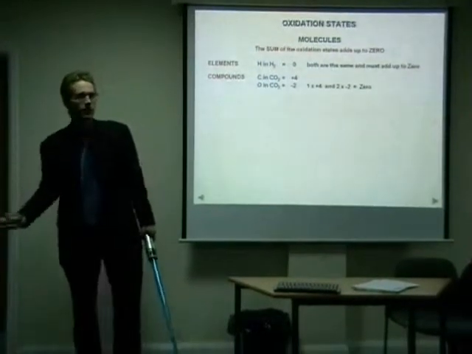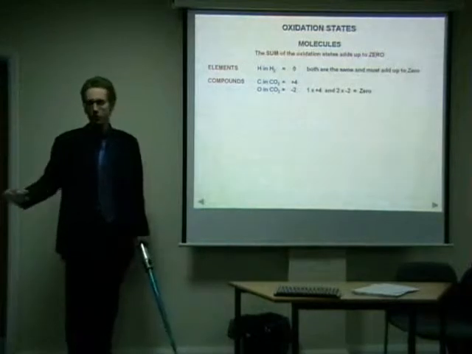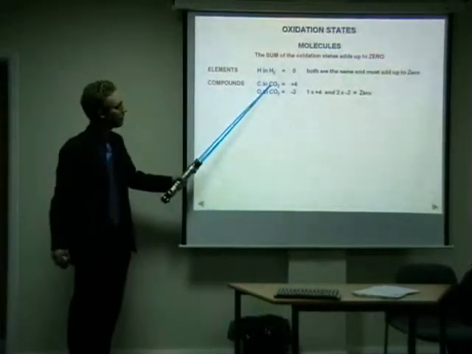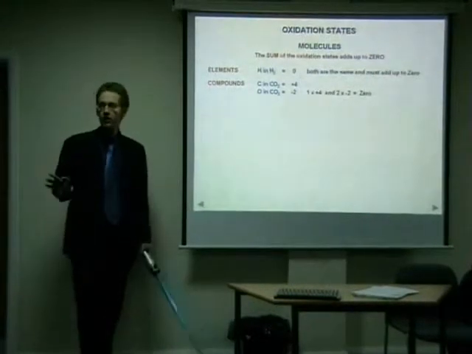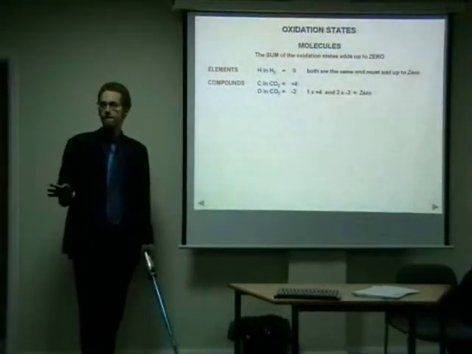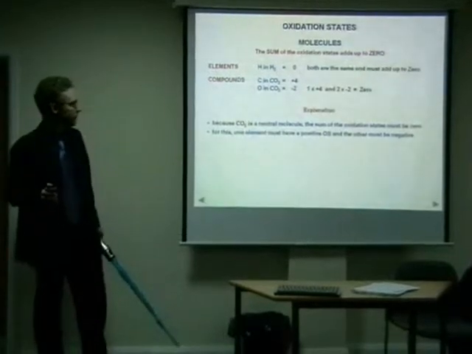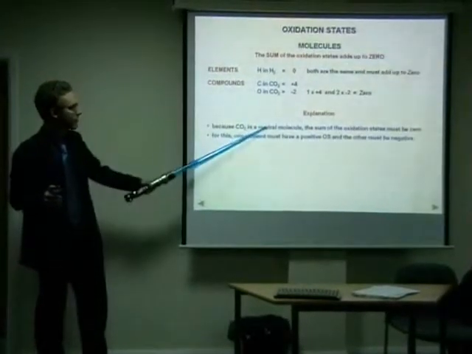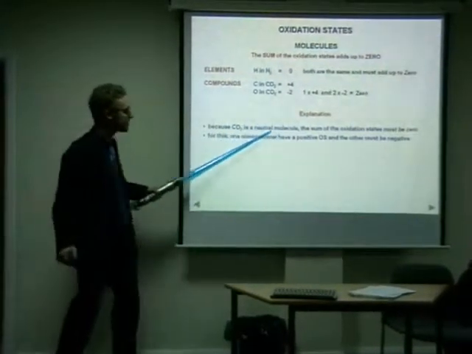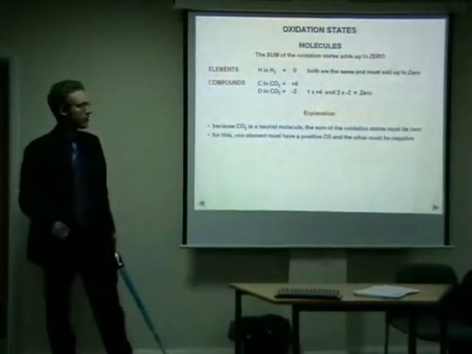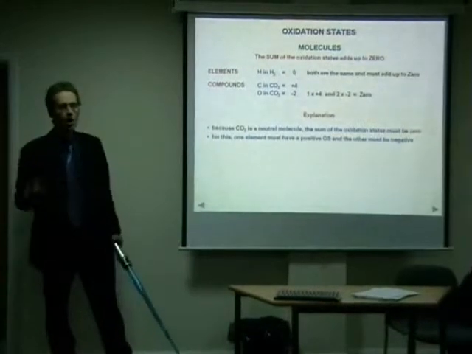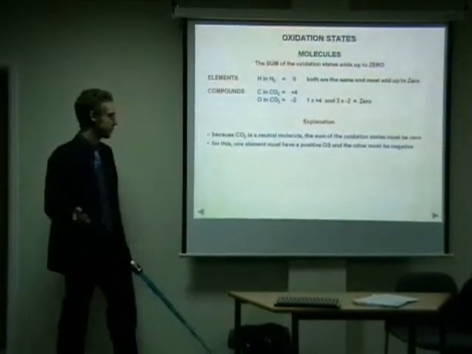What added to -4 equals 0? And the answer is +4. So, carbon's +4, and the oxygen is -2. Are we all good so far? Yep? So, there's my explanation. It's neutral. The oxidation states must sum to 0. One's got to be positive, the other's got to be negative. Oxygen's -2, therefore carbon's +4.